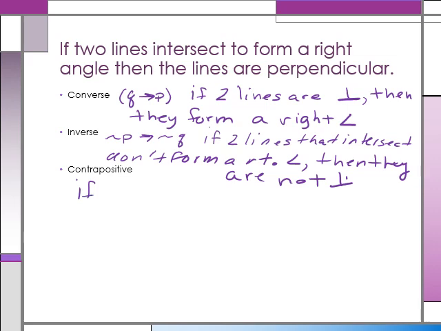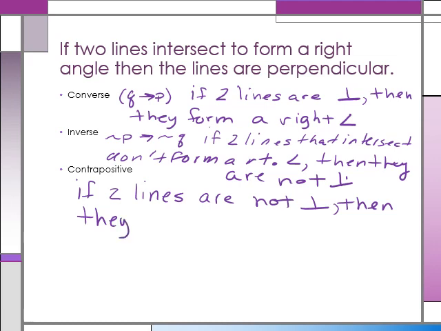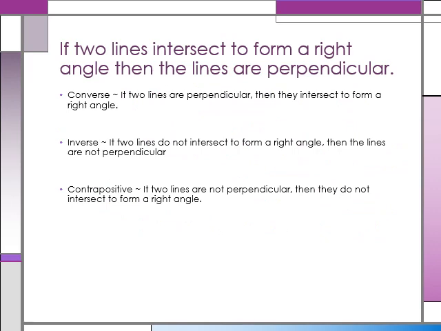So if two lines are not perpendicular, then they don't form a right angle. So there they are, nicer and neater.